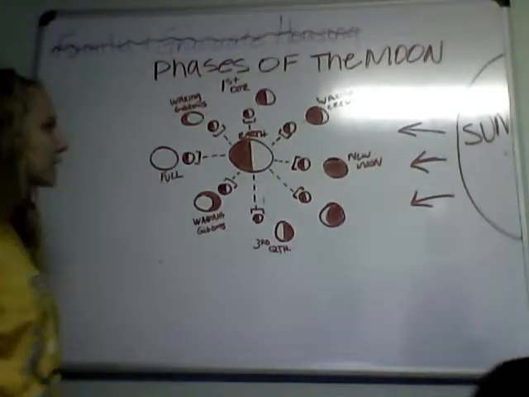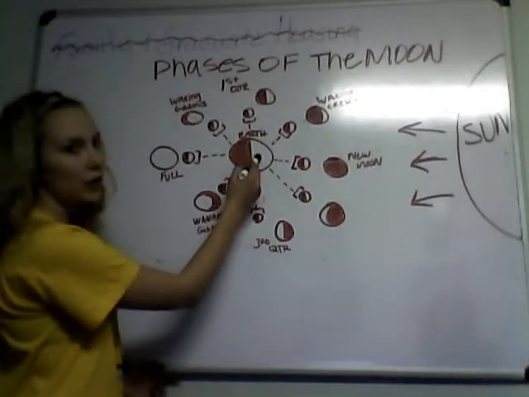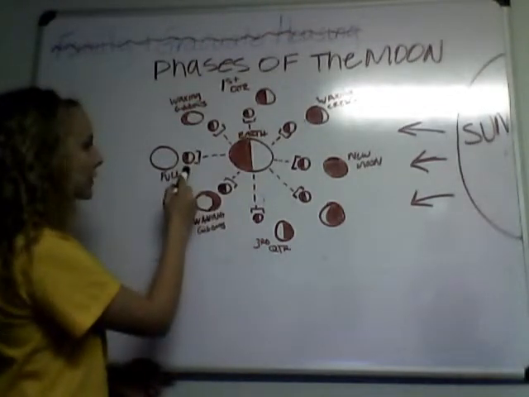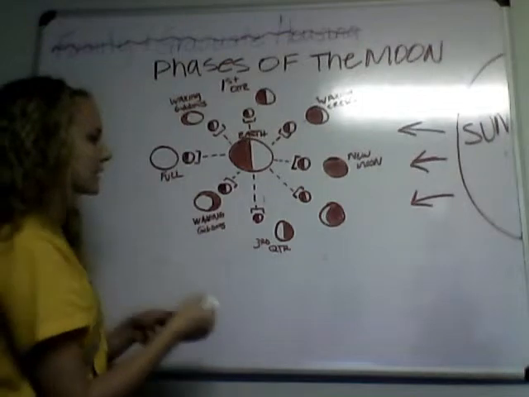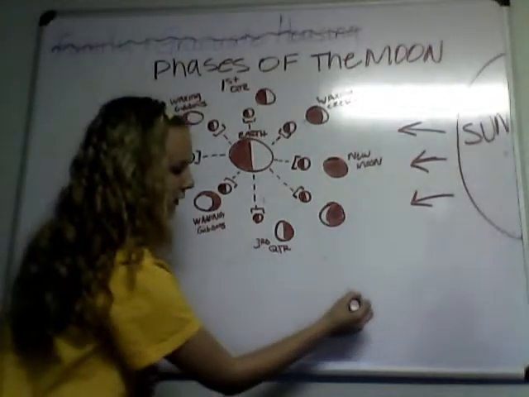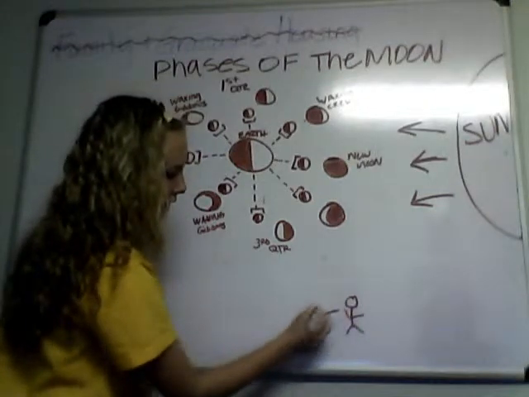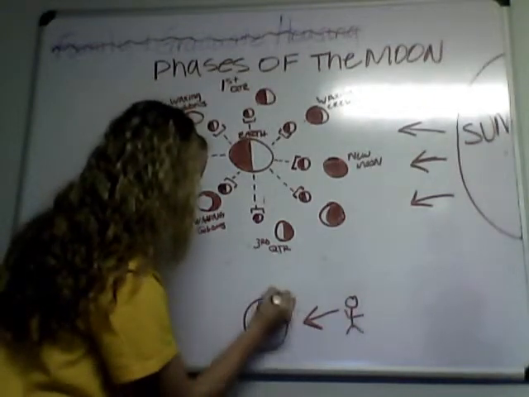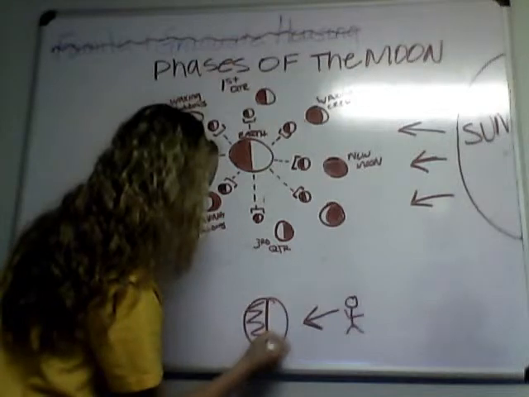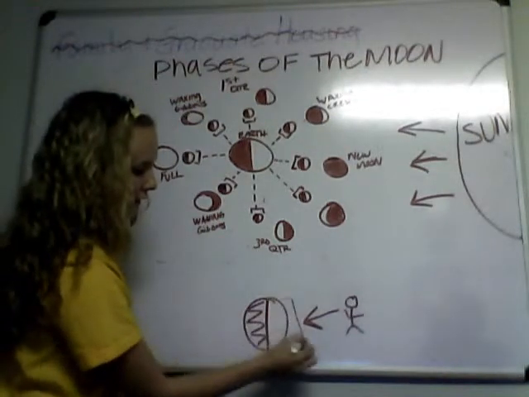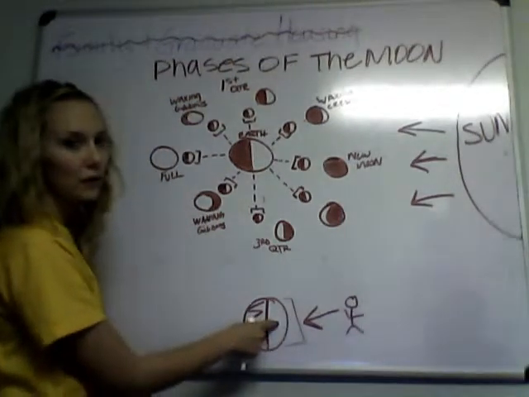So with that, like I said, half of the Earth is always lit up and half of the moon is always lit up. But in this case, the view that you're getting of the moon, since it is always half lit up, is only this section right here, which is the fully lit up part.